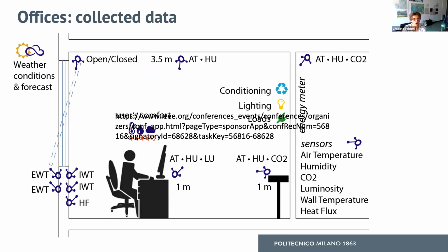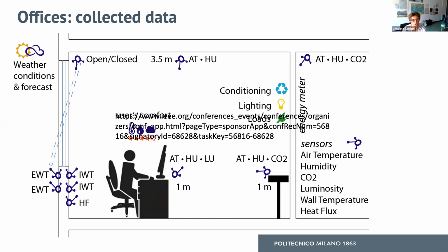To give you an idea of how, after selecting all the elements, we exploited this kind of information, is with the design of the collected data. We collected information about the inside temperature, humidity, and the weather condition inside and outside.